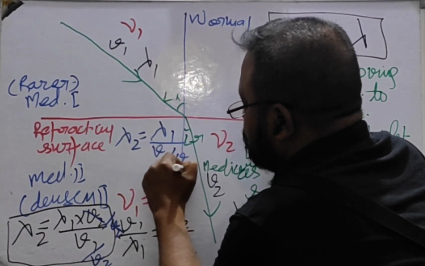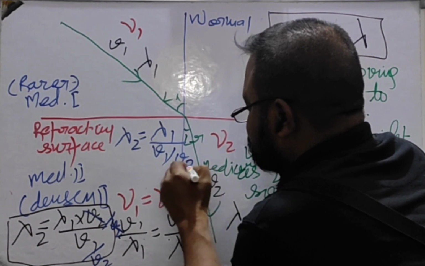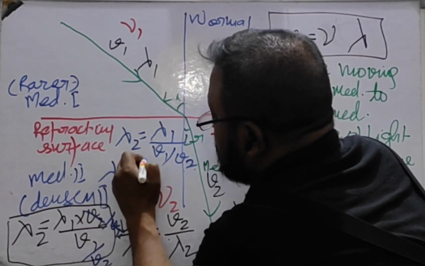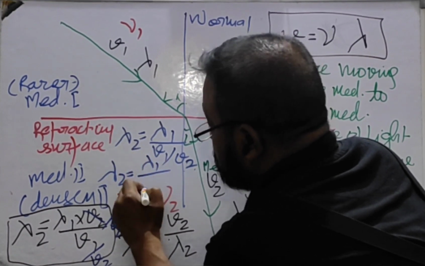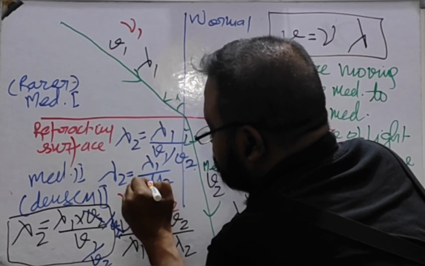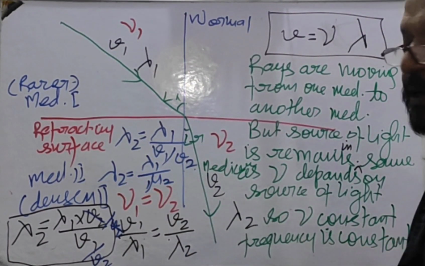And what is v1 upon v2? Lambda 2 is equal to lambda 1 upon the refractive index of medium 2 with reference to medium 1. I hope you understand this.